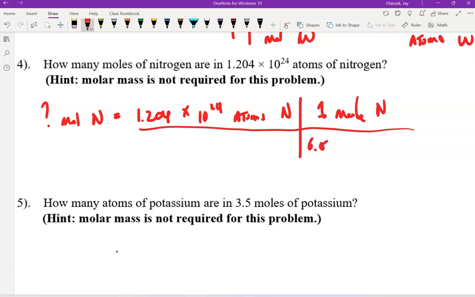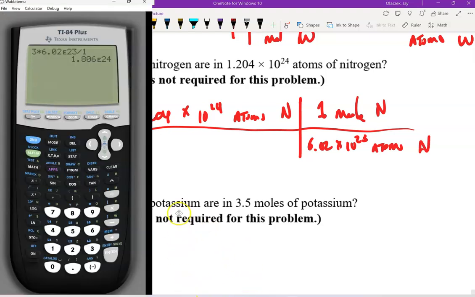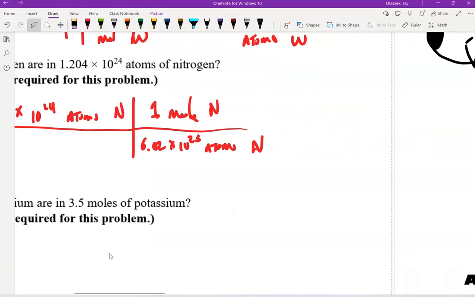On the bottom, 6.02 times 10 to the 23rd atoms of nitrogen. Remember, you want to be entering your exponents the right way. And so we're going to say 1.204 times 10 to the 24th. We're going to multiply this by 1 and divide this by 6.02 times 10 to the 23rd. This tells us we have 2 moles of nitrogen. That goes right here.